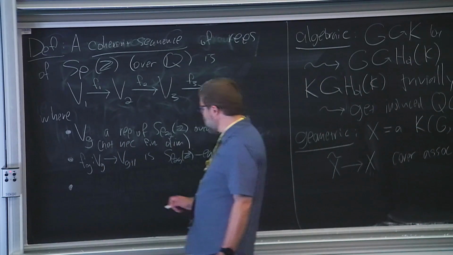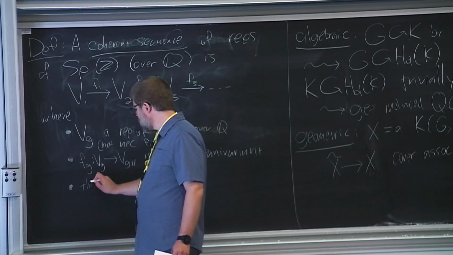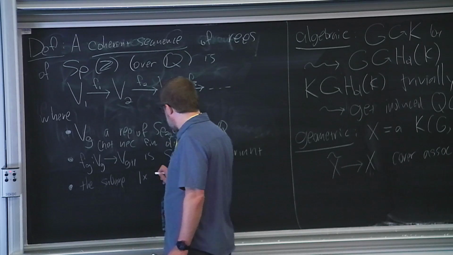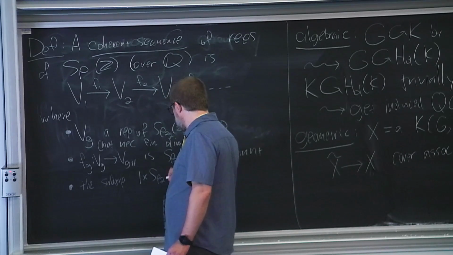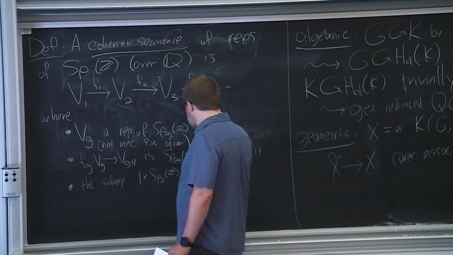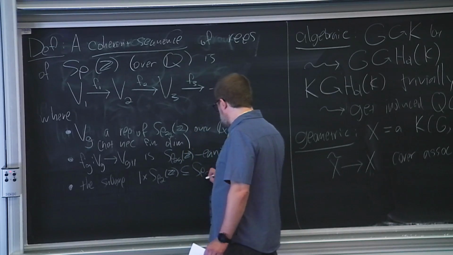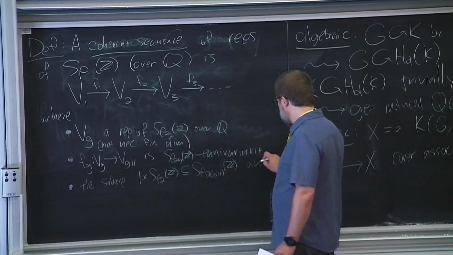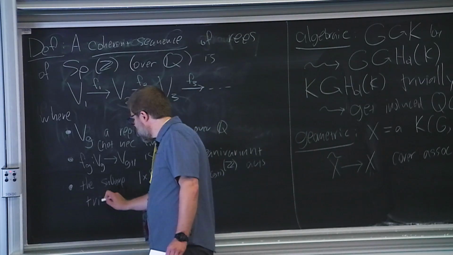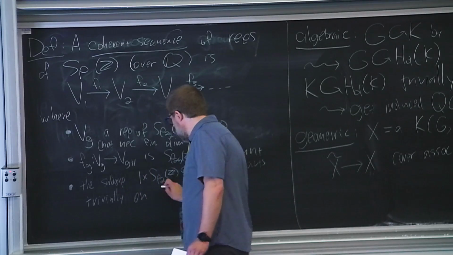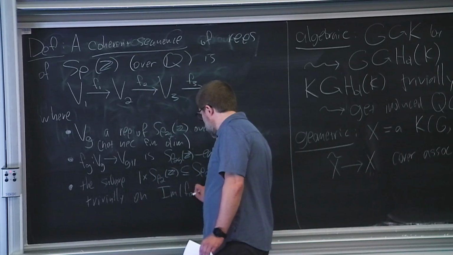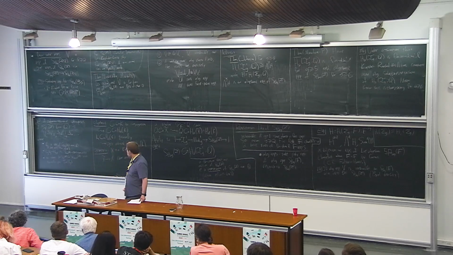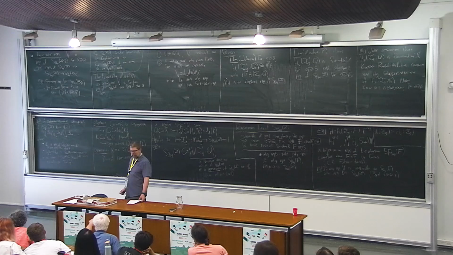We need that the subgroup 1 cross Sp2(Z), which is contained inside Sp_{2g+2}(Z), acts trivially on the image of F sub g. So that's a mysterious condition, but I'm going to explain it. I'm going to give you an example which will hopefully make it clear why that's the right condition.